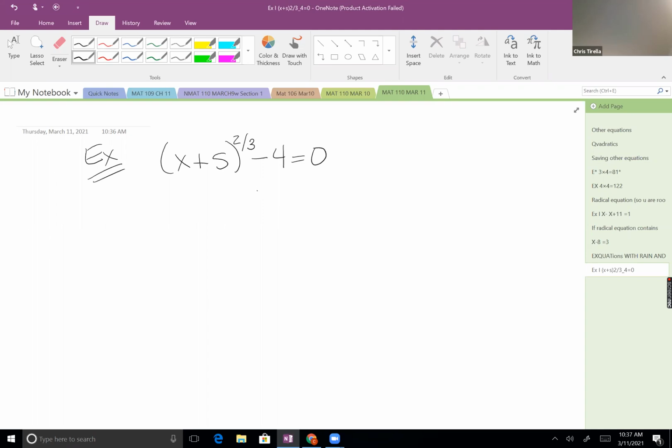So again, we want to get that part with the rational exponent alone. So I'm going to add 4 to both sides. That gives me (x plus 5) to the 2/3 equals 4.